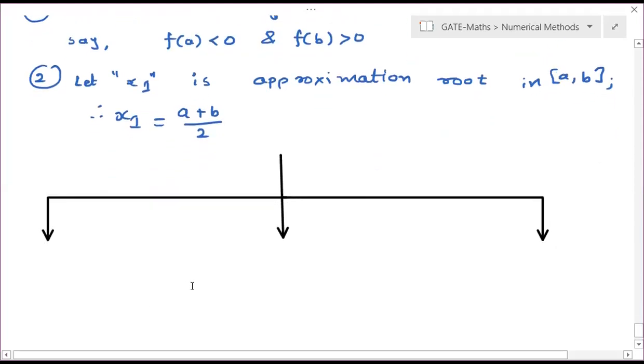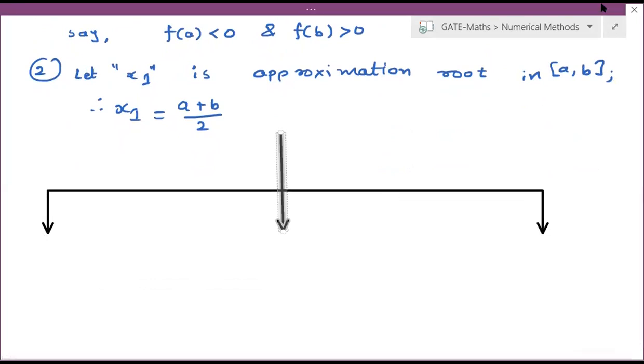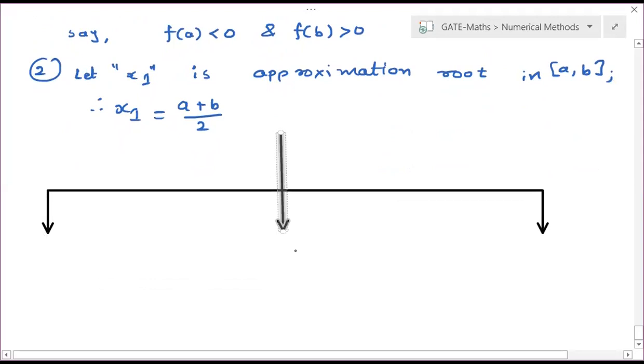Now see over here. Based on this x1, you can find all these different possibilities. It all depends on the value of f of x1. Suppose f of x1 equals 0, then x1 is your root, that means you have to stop there.